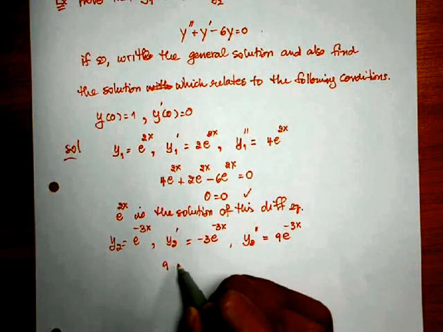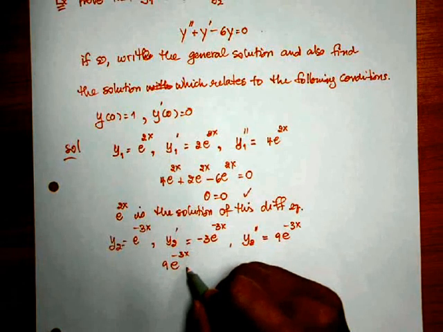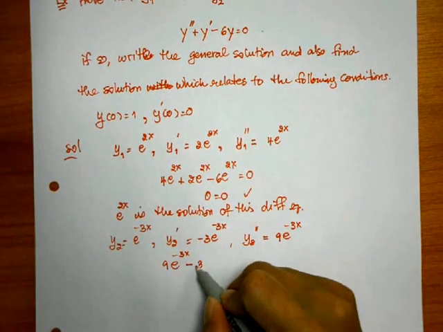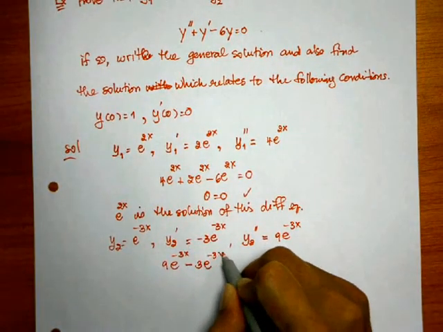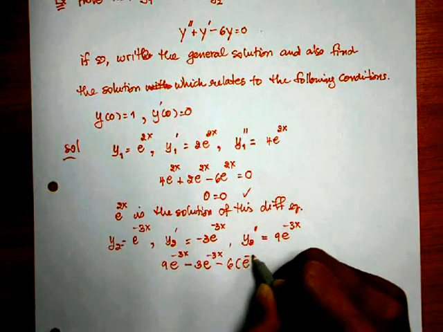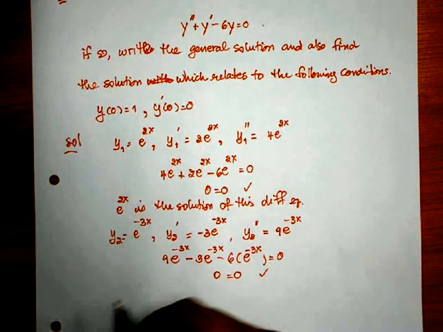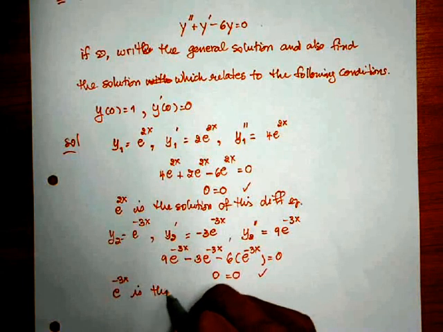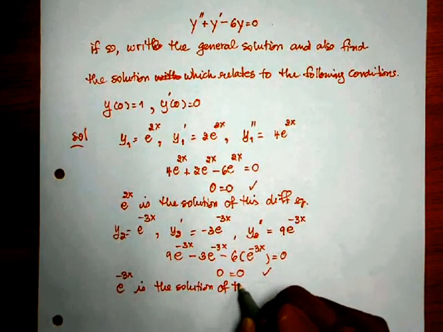We will get 9 times exponential of minus 3x plus, actually minus, right? Because plus and minus, you will get minus, which is equal to 0. So that means exponential of minus 3x is also a solution of this differential equation.